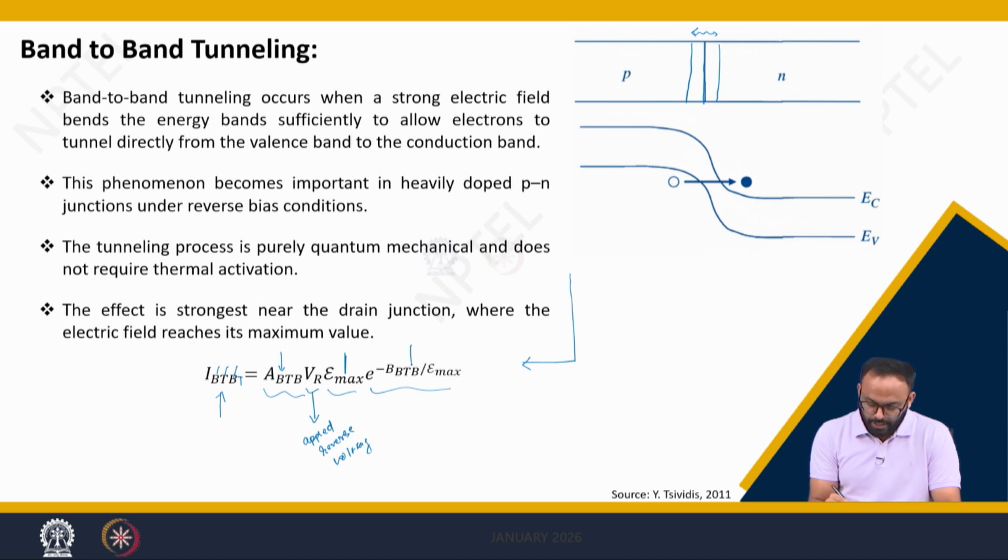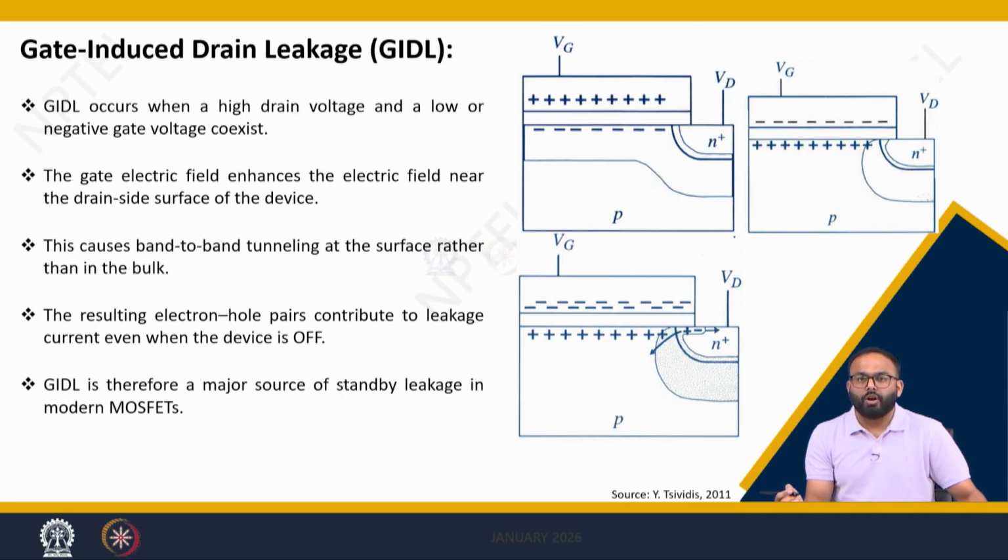A_BTBT and B_BTBT are constants, where A_BTBT is directly proportional to the junction area where the tunneling happens. So, the concept of band to band tunneling will apply in MOSFET junctions.